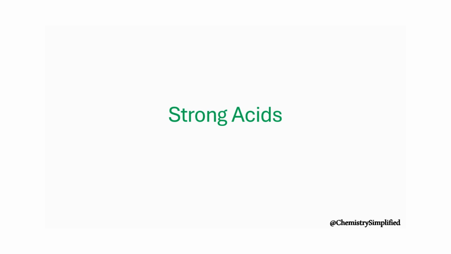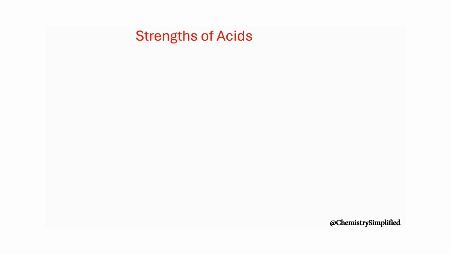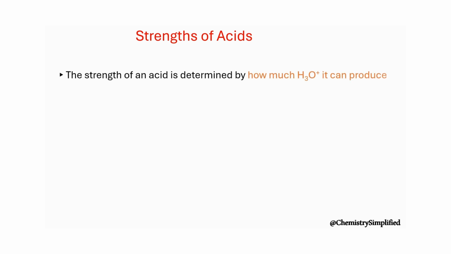The topic we'll discuss today is strong acids. So, what determines the strength of an acid? An acid is said to be strong based on how much hydronium ion it can produce in solution.